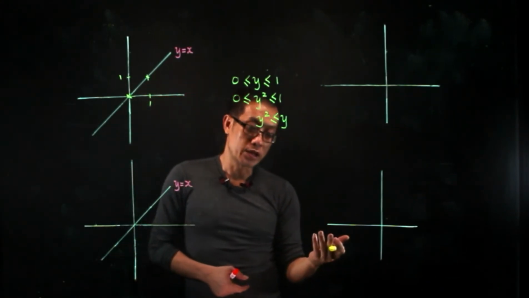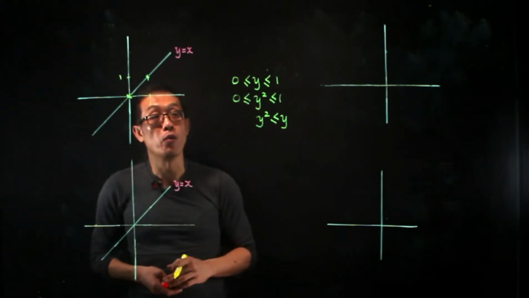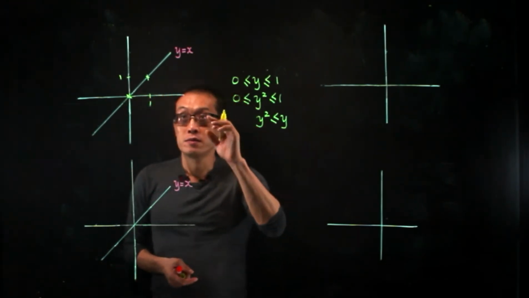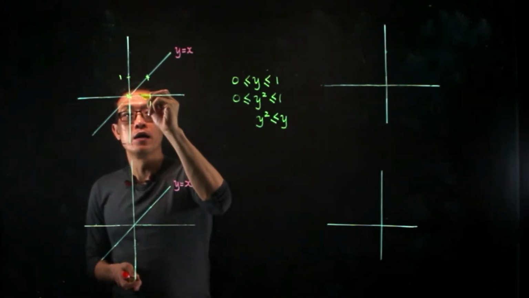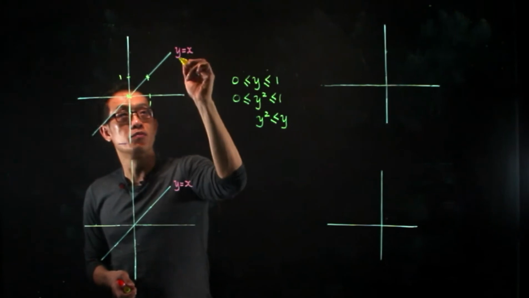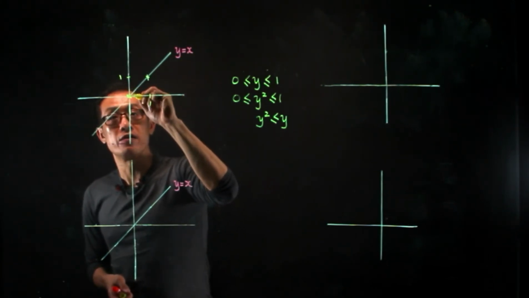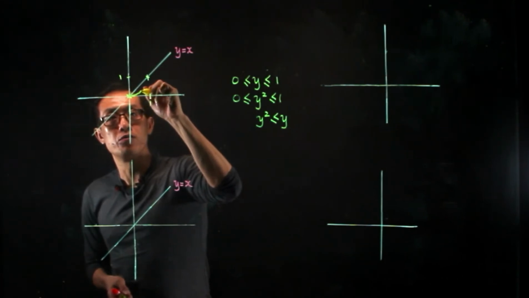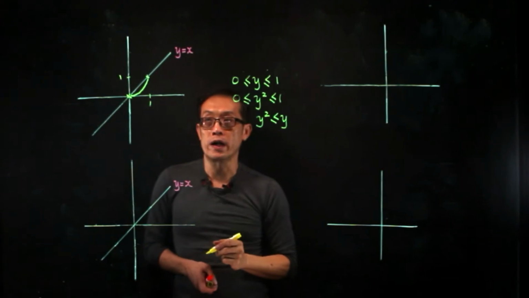If y is 1/3, y squared will be 1/9. 1/9 is smaller than 1/3. So anything between 0 and 1 you square, you find that it will be below this y equals to x because it's smaller than itself. But it will be equals to itself when it is equals to 1.